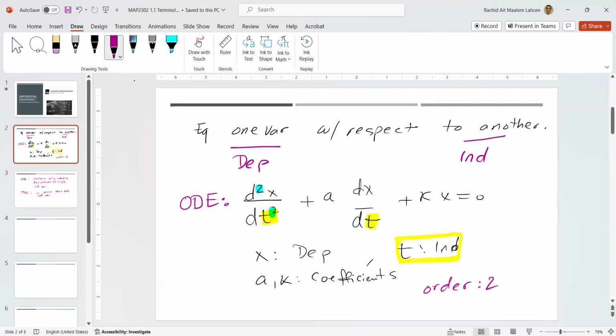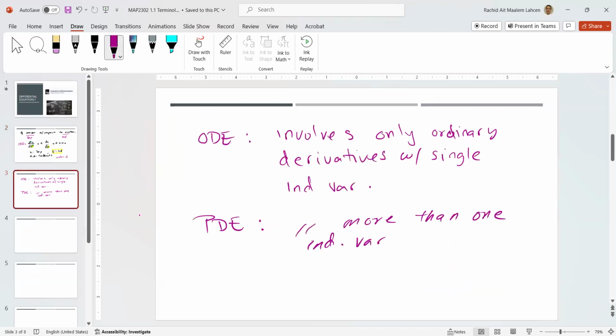The order is the highest order derivative, not the highest exponent, but the highest order derivative.